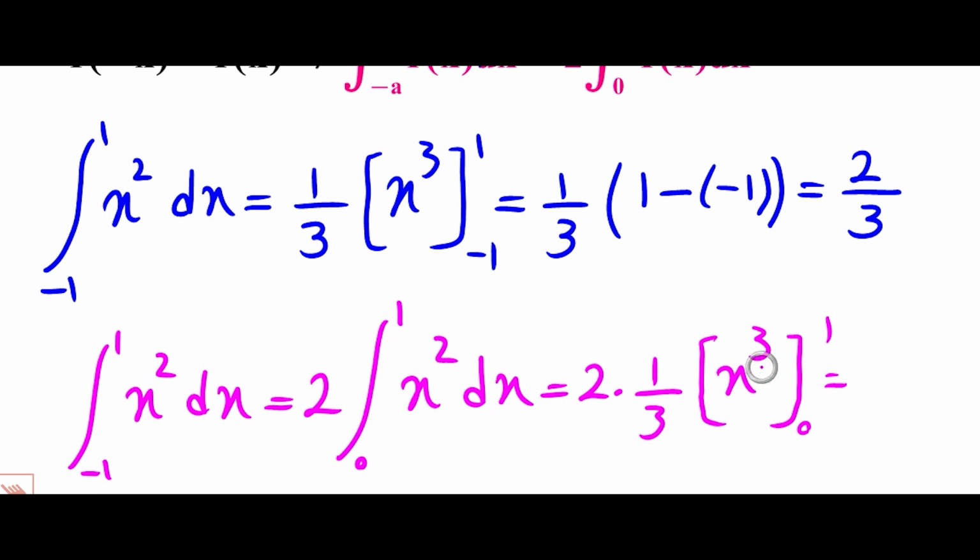So 1 cubed is 1 and 0 cubed is 0. So 1 minus 0 is 1. So 2 times 1 over 3 is 2 over 3.